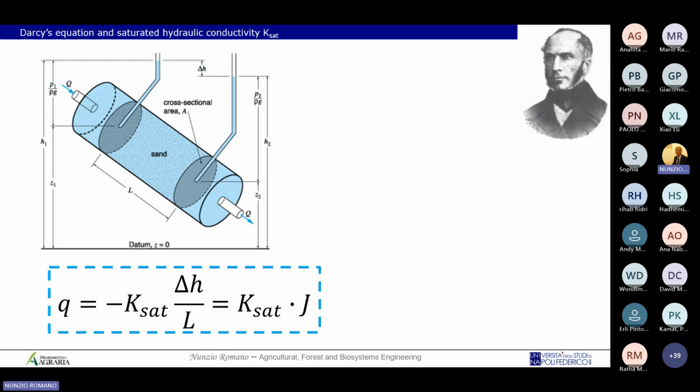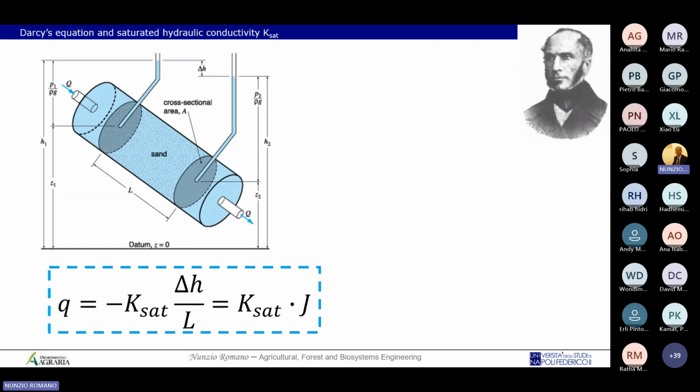Of course, this is a general equation, and there could be many demonstrations of it. Even if the sand filter is not vertical but is in a lateral, tilted condition, the situation is the same in terms of movement of water from the higher water potential to the lower water potential.